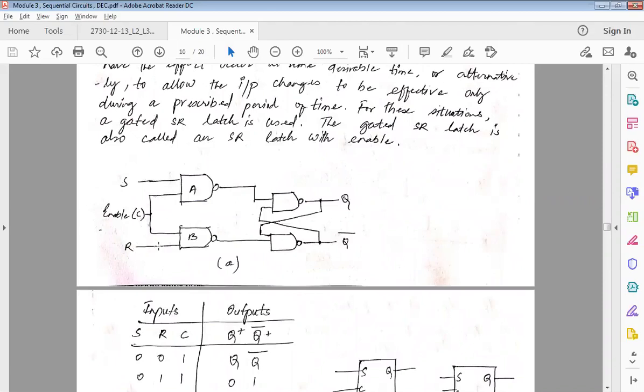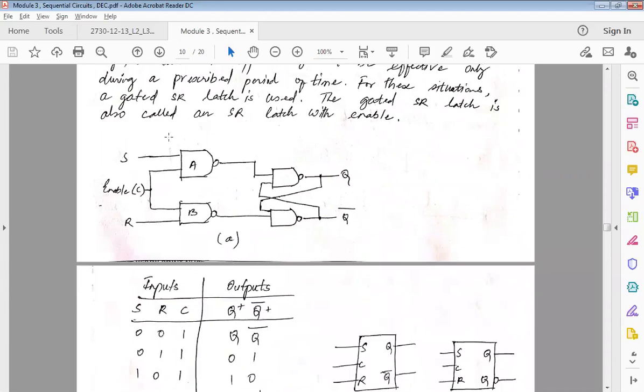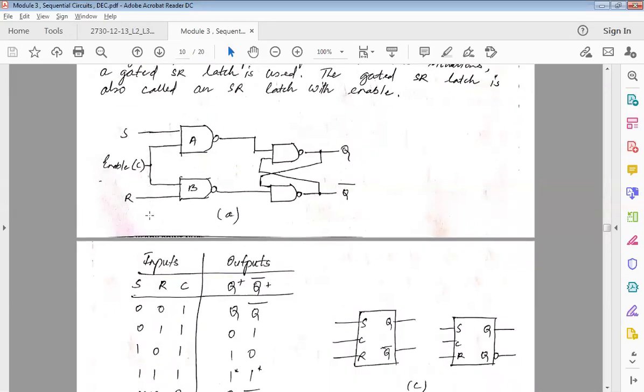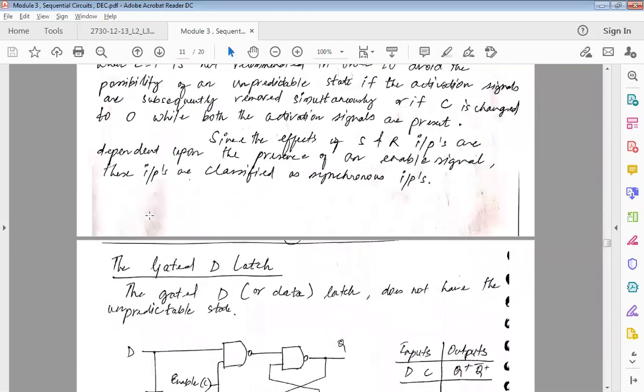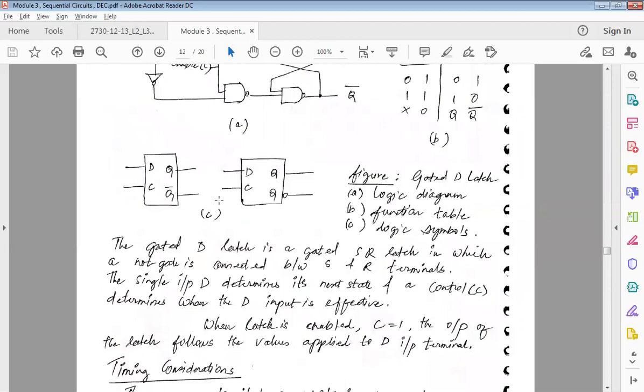So this is your gated SR latch. Always remember, this is my bistable element, and you will give your inputs to the initial stage. In SR, I am giving 2 inputs, while in my D, I will be combining them with an inverter. This part is the same, and these 2 NAND gates are also the same as in your SR.